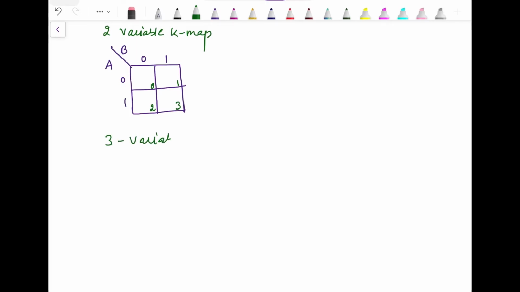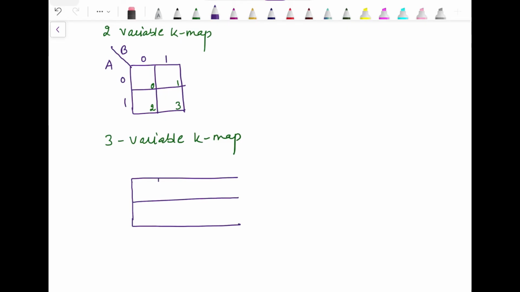Then if we have a 3 variable problem, we will have 8 possible combinations. So the K-map needs to have 8 cells.